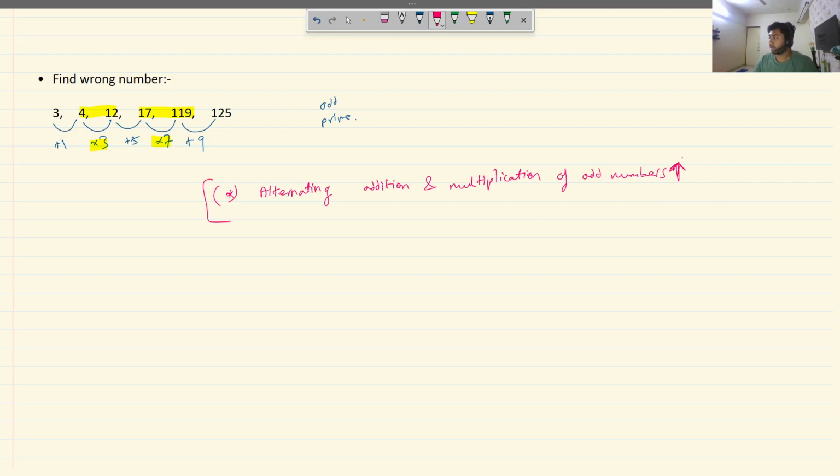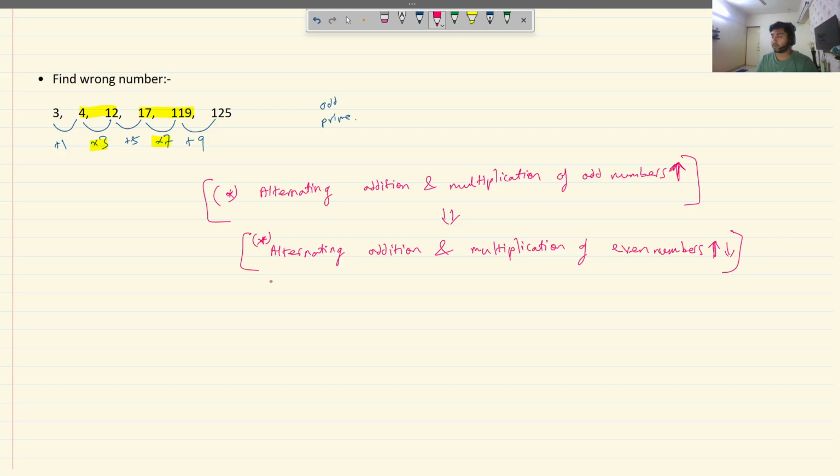An alternative to the same logic would be alternating addition and multiplication of even numbers that can keep increasing, or in the reverse order keep decreasing.